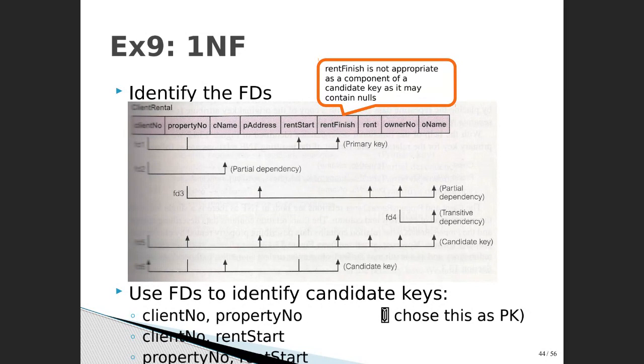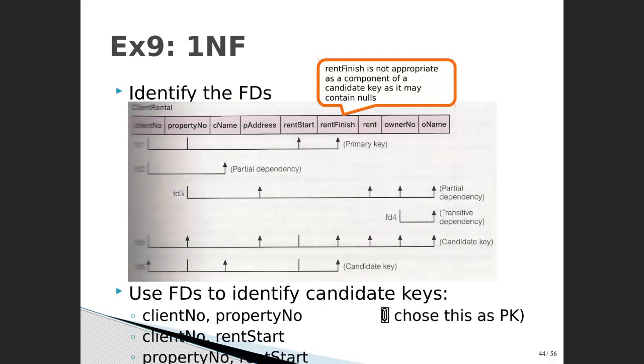There are some candidate keys, for example client number, property number, client number, rent start, and property number, rent start. We will select client number and property number as a candidate key.